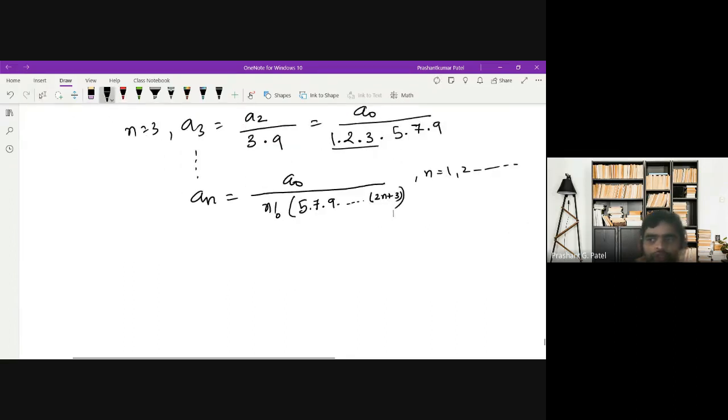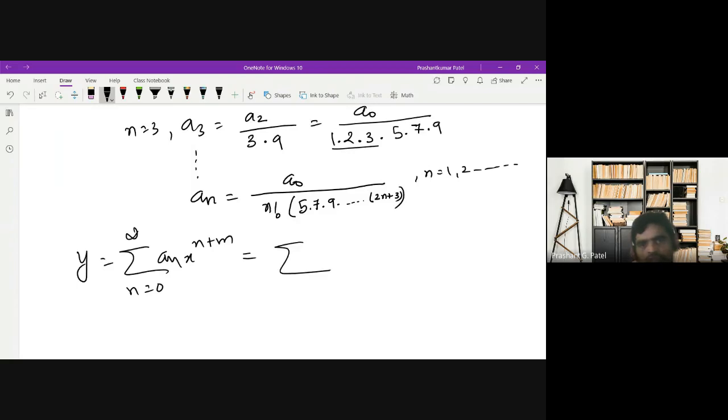And by substituting this value of an into y equal to summation n running from 0 to infinity an x power m plus n, that is the Frobenius series that we have.